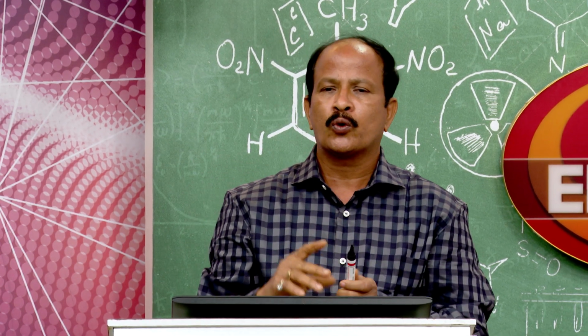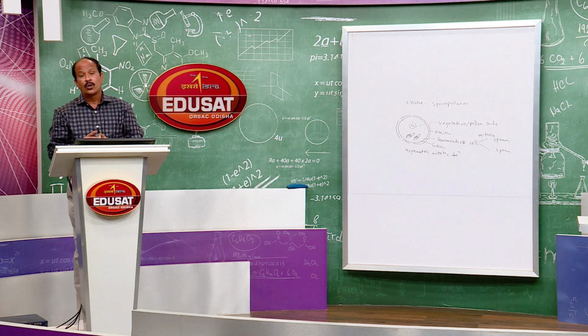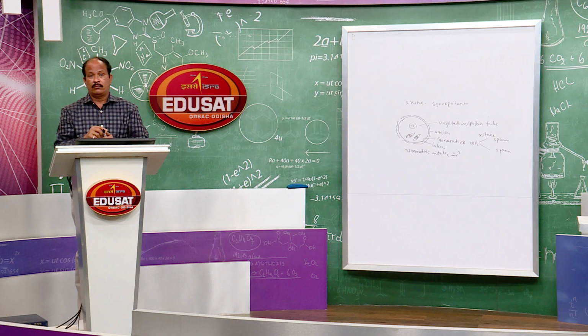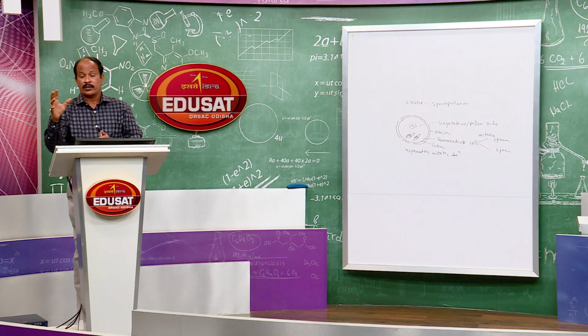Now, sporopollenin is one of the toughest materials in the living world. It is bioresistant, it cannot be degraded by acid or alkali. Therefore, pollen grains with sporopollenin in their coat are long lived, they are not easily destroyed.